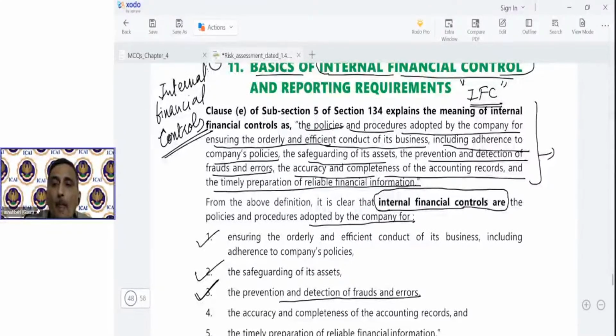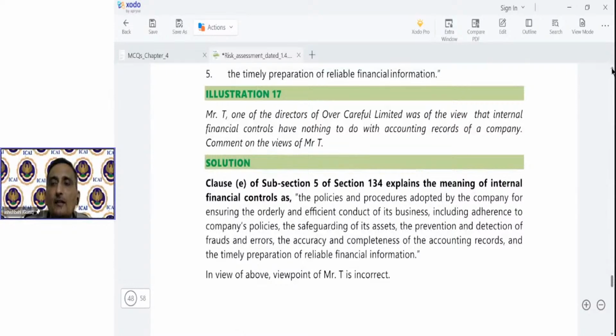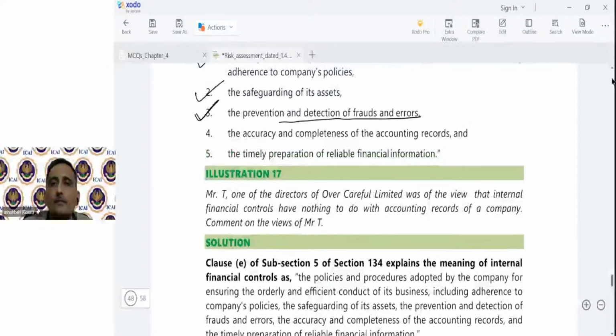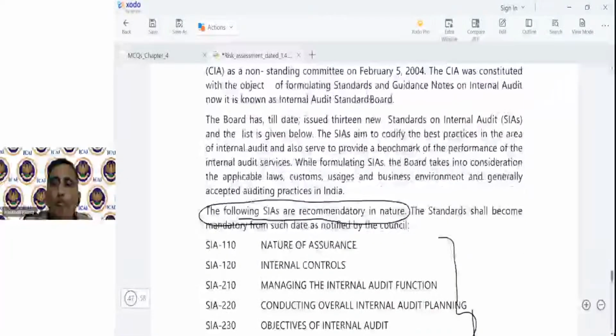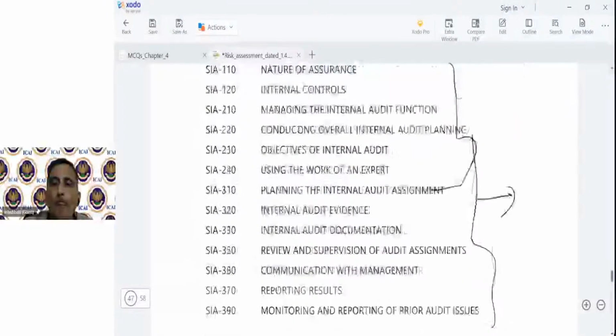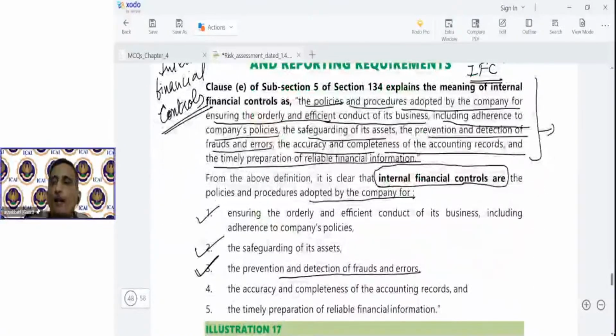And the accuracy and completeness of accounting records and timely preparation of reliable financial information are also related to internal controls.